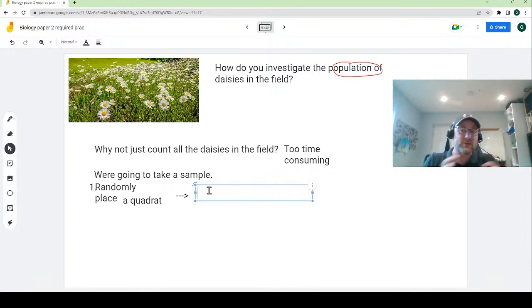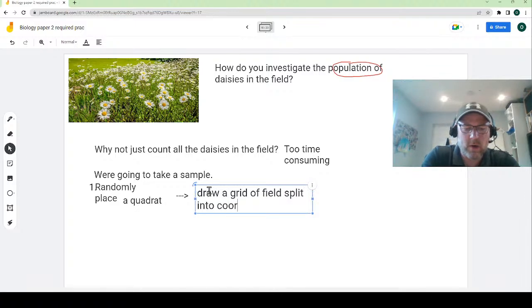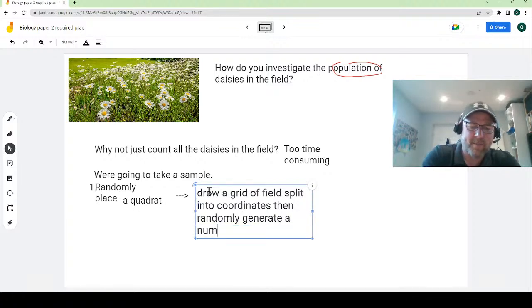So what you're going to need to do is kind of draw a map of the field and number it. So I doubt you're going to have to write this, but it's good to know just in case. Draw a grid of the field, split into coordinates, then randomly generate a number where to place the Quadrat.